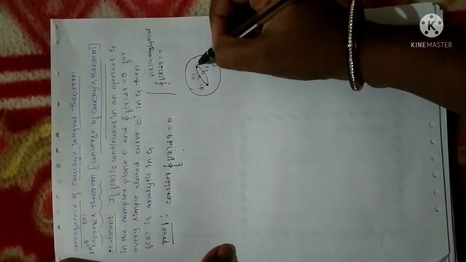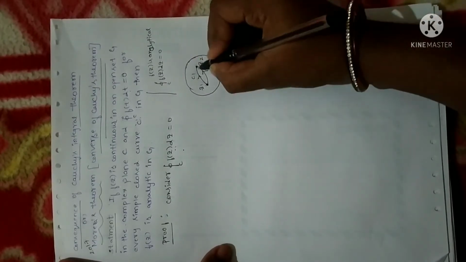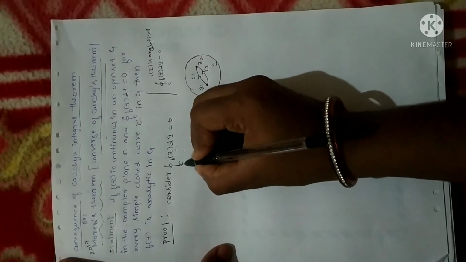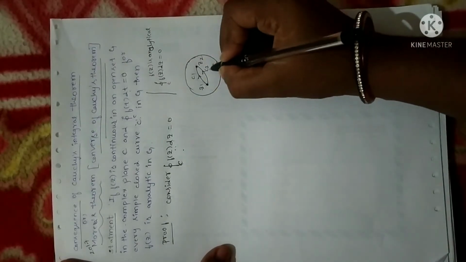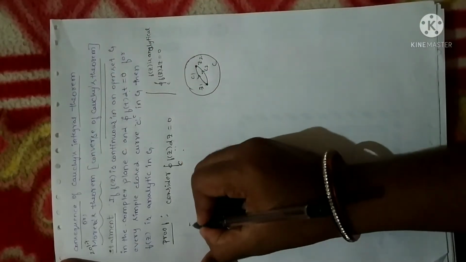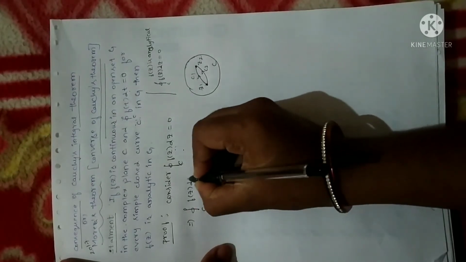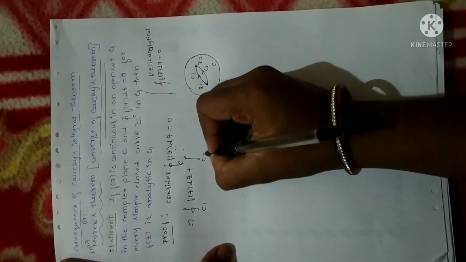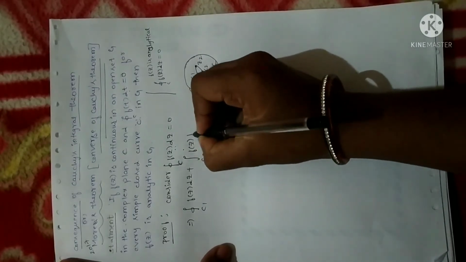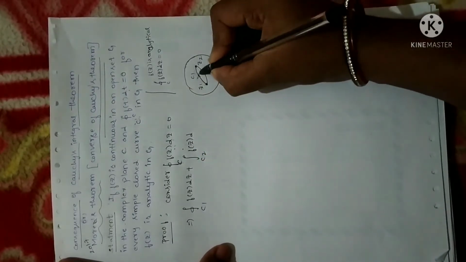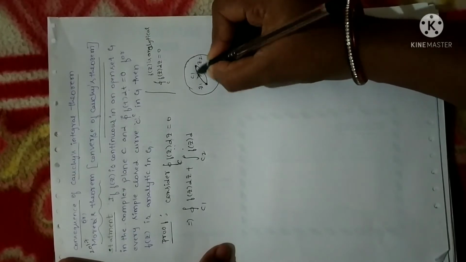Now from the diagram it is clear that I can split the curve into 2 parts, right? So the overall curve C can be split into 2 parts, that is C1 and C2. So the integral can be written as the first integral along C1 of f of z dz, and the second integral along C2 of f of z dz, and you can note that C2 is in the opposite direction to C1.